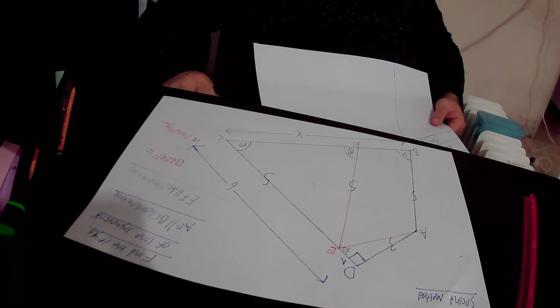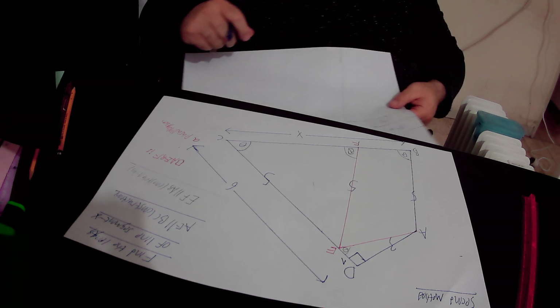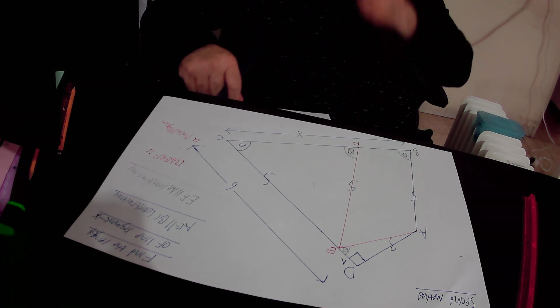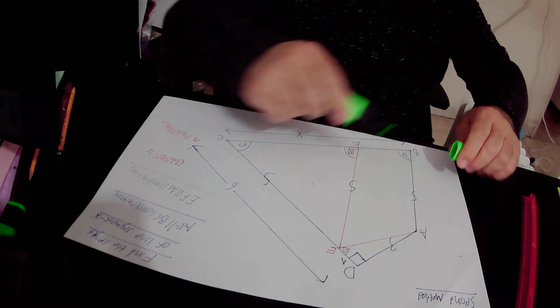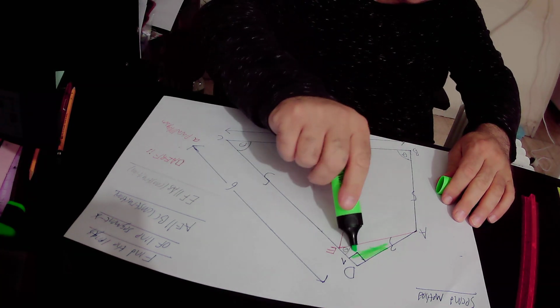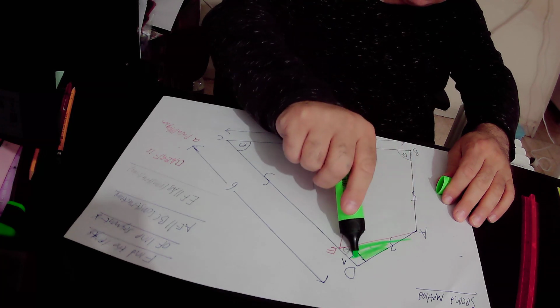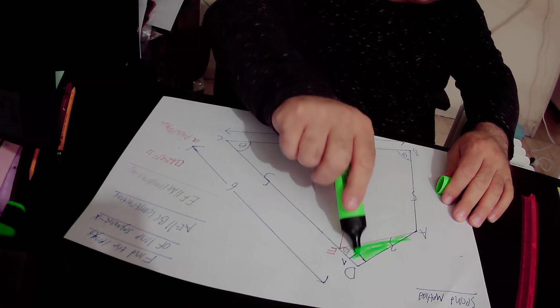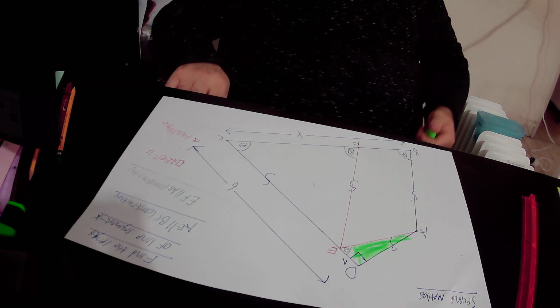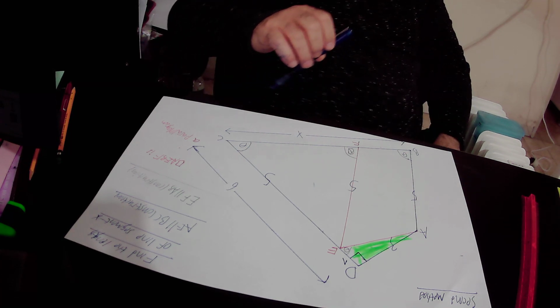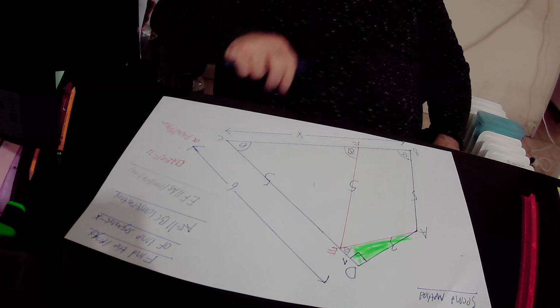So here we have the right triangle ADE. We will implement the Pythagoras theorem on the right triangle ADE in order to find out the length of the hypotenuse AE.